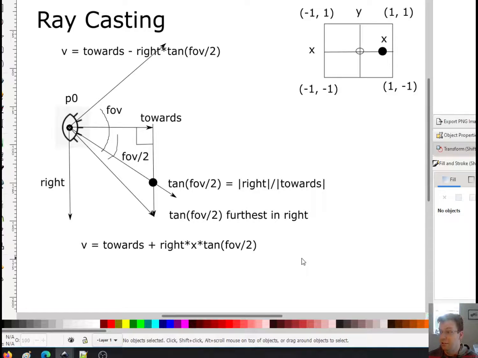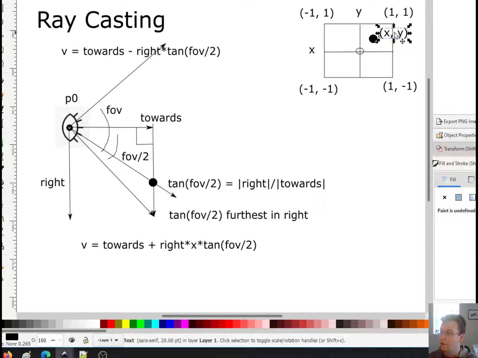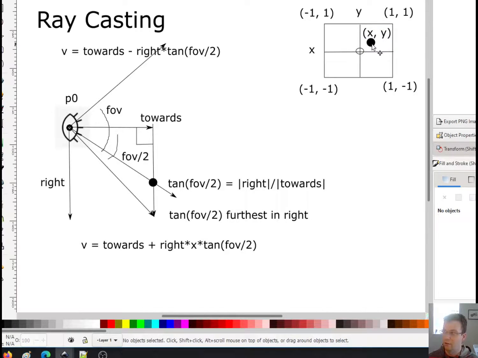And to do this in 3D, let's say that we pick a general point that has the coordinate x, y. So now I'm not just on the x-axis, but I'm going up in y. So I'm really trying to cast out rays through all these pixels. By the same argument, there's also a field of view in the y direction, not just in the x direction, and the picture is exactly the same.